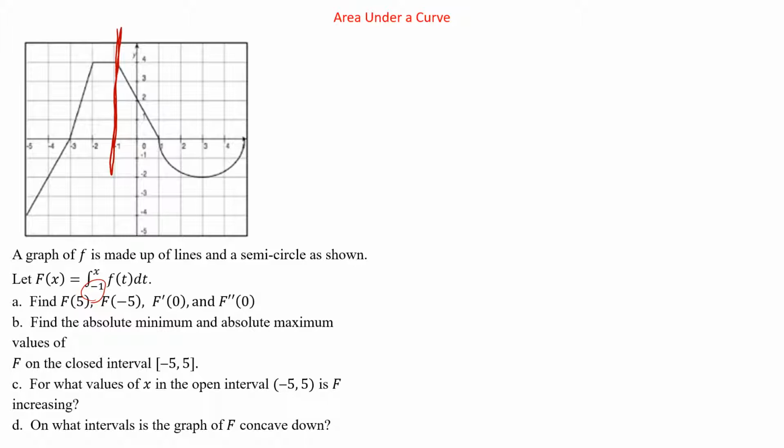So if we want to first start by finding this red triangle, the triangle area is going to be 1/2 base, we went over 2, times height, we went up 4. So that area is going to equal 4.